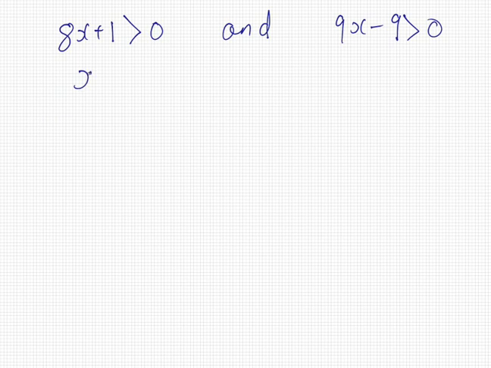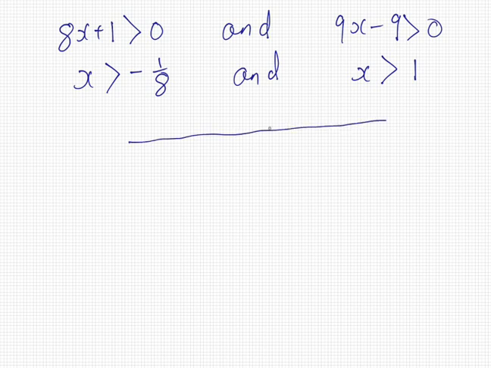Now, that means x must be bigger than minus 1 over 8. And what about here? X must be bigger than 1, because this will be 9 over 9. Now, if I draw this on a number line, let's say here is 1, and then here is minus 1 over 8.